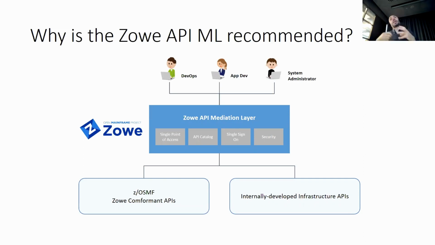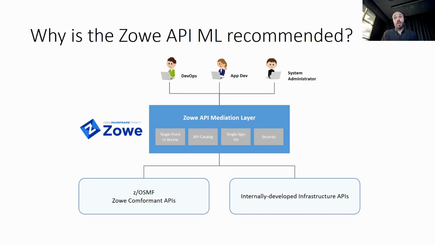And then on the right hand side, you've got internally developed infrastructure APIs. So these are homegrown APIs within a mainframe site, and these can also be onboarded to the mediation layer and managed by the mediation layer.